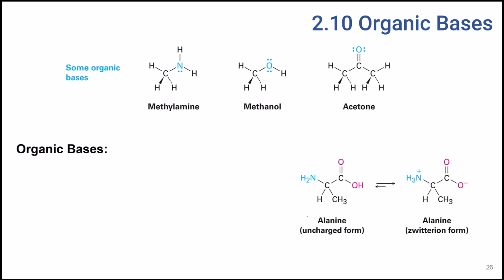So when we're looking at organic bases, these tend to be nitrogens or oxygens with lone pair electrons. The conjugate base of any acid with a pKa that's greater than water will deprotonate water.